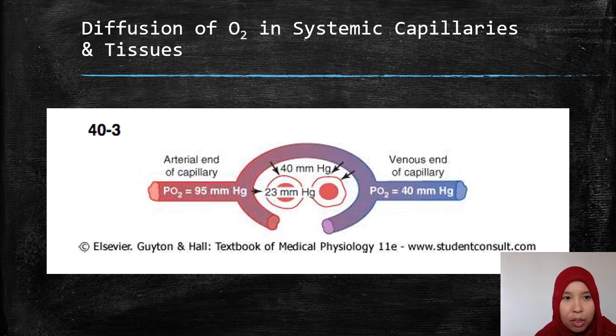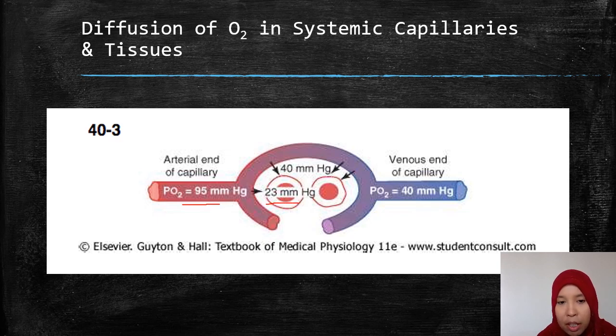Okay, so now we're talking about the diffusion of oxygen in systemic capillaries and tissues. So remember, the blood that comes down from the heart is the blood with a lot of oxygen. You can see here the blood from the heart has a high level of oxygen. Partial pressure of oxygen here is 95 millimeter mercury. And in the tissues, notice that the level of oxygen is very, very low.